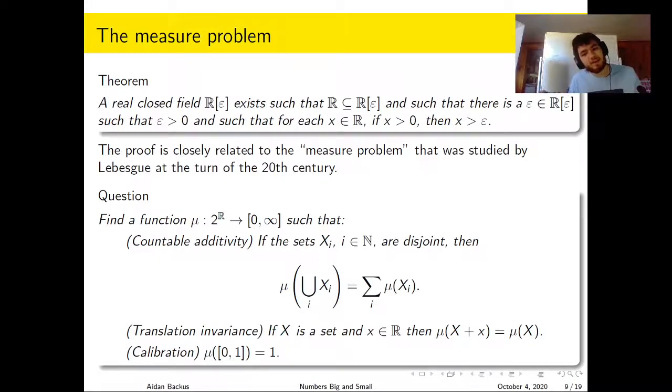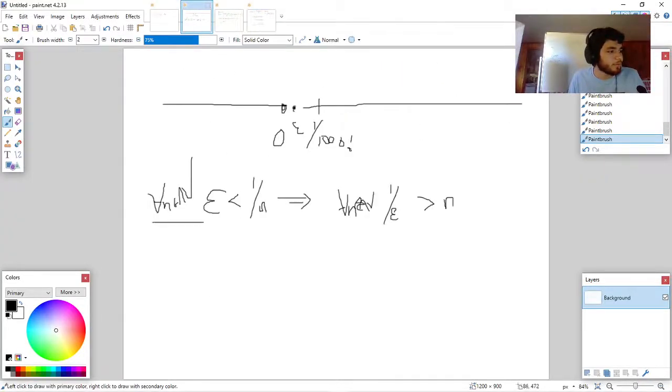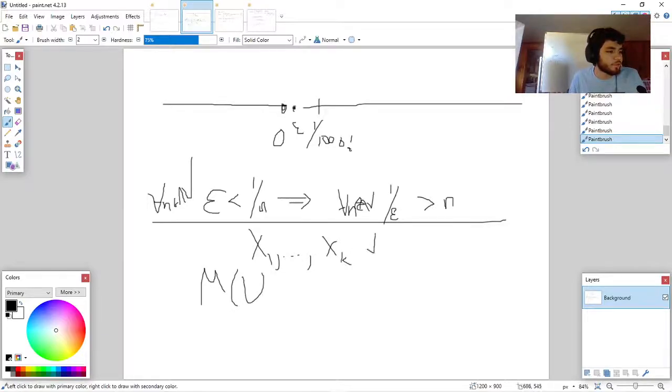Maybe we want to just say if we have finitely many sets, x1 through xk, this is finitely many sets, and they're disjoint, we want the union of them to have measure equal to the sum of their measures.